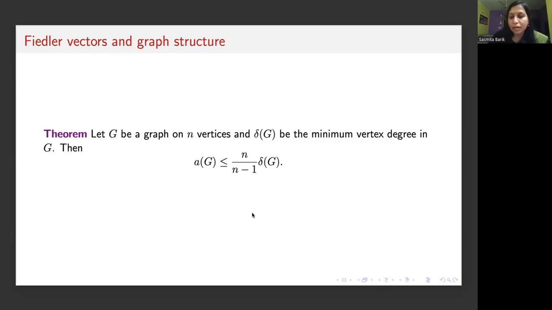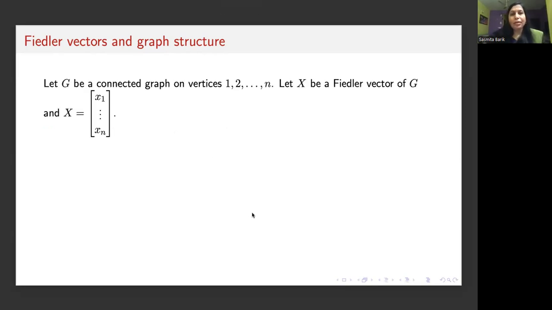Now look at the eigenvectors corresponding to the algebraic connectivity. Those are known as the Fiedler vectors. If I take a graph with n vertices, let x be a Fiedler vector, with components x1 to xn.